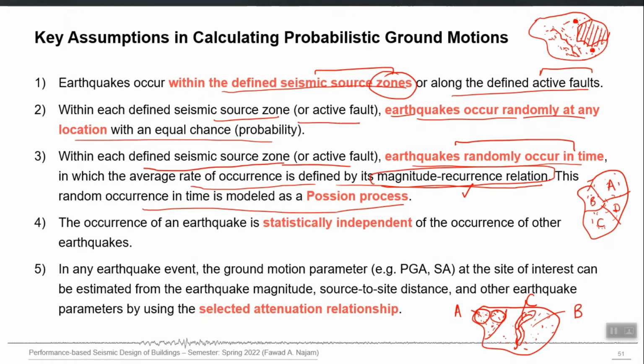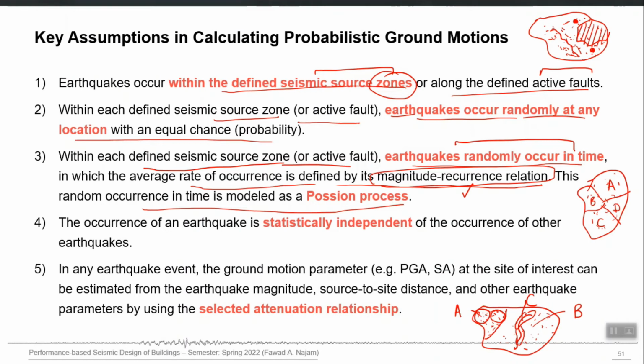In other words, if a magnitude 6 occurs today, then the possibility of a magnitude 6 occurring tomorrow is not less than that of the previous event. It will still be the same. This is what I mean by random occurrence in history, right? They do not have any memory. If an earthquake occurs today, it does not mean that tomorrow we have less chance of any earthquake. This is what I mean when I say they occur randomly in history.